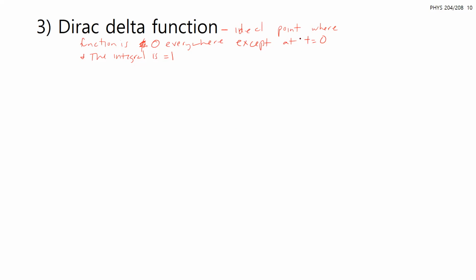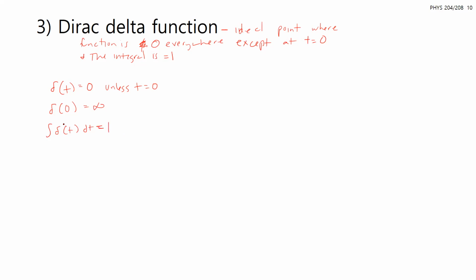So mathematically, with this oral definition that I've written out here, we're going to call the delta function a lowercase delta. It's going to be 0 everywhere unless t equals 0. So delta of 0 is going to be equal to infinity, and if we take the integral of the delta over all time, it's going to be equal to 1.